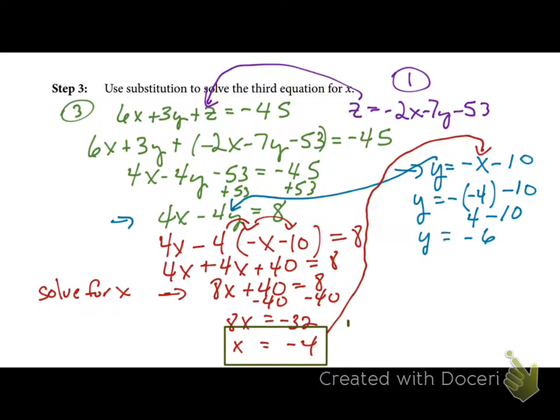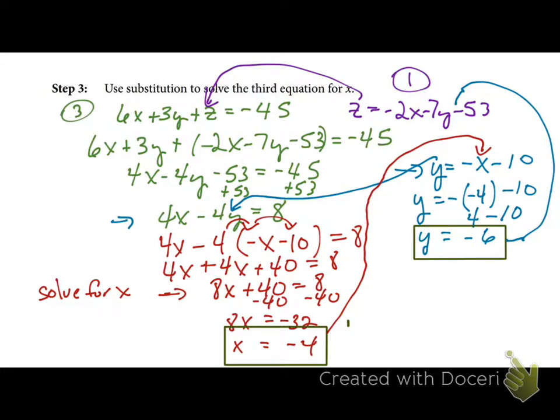So look, you have found two of them. Now you have found what your y is. And so your final step now is to go back to your purple one. And in your purple one, we will replace both of our values, our y value and our x value.